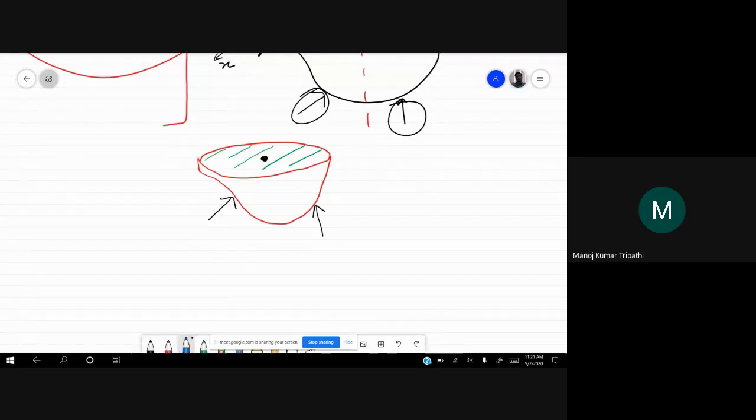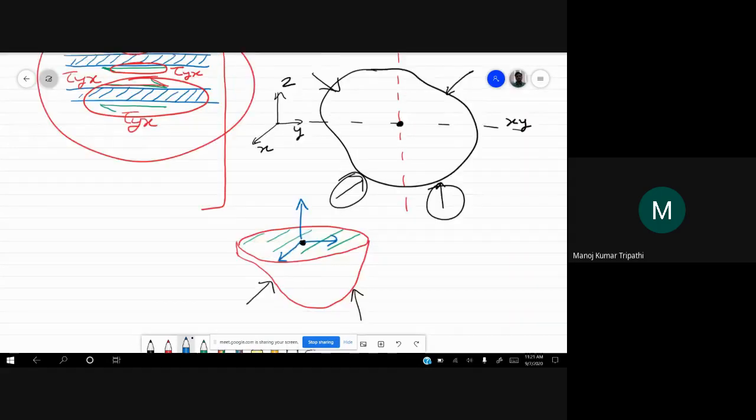Let's say one acts normal to the surface at that point, and two forces are tangential. So these tangential forces will result in the shear stresses on this surface, and this normal force will result in the normal stress.